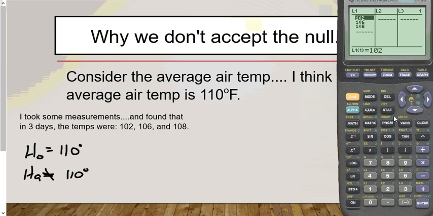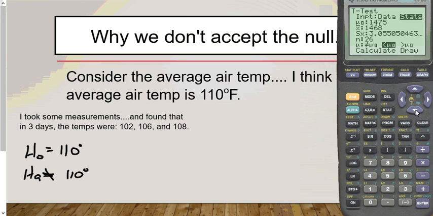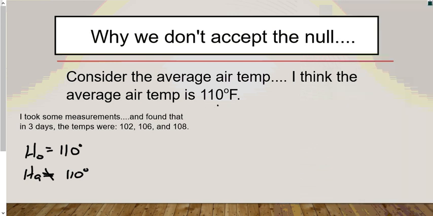I put those in my list, and I go over to tests, and this time I would be doing a t-test because I don't know the true standard deviation, but it's very, very similar. I'm going to use data instead. So 110 degrees, and I will select not equal to. What I didn't state was what level of significance I wanted to test at. Let's say I wanted to test at the alpha 0.05 level.